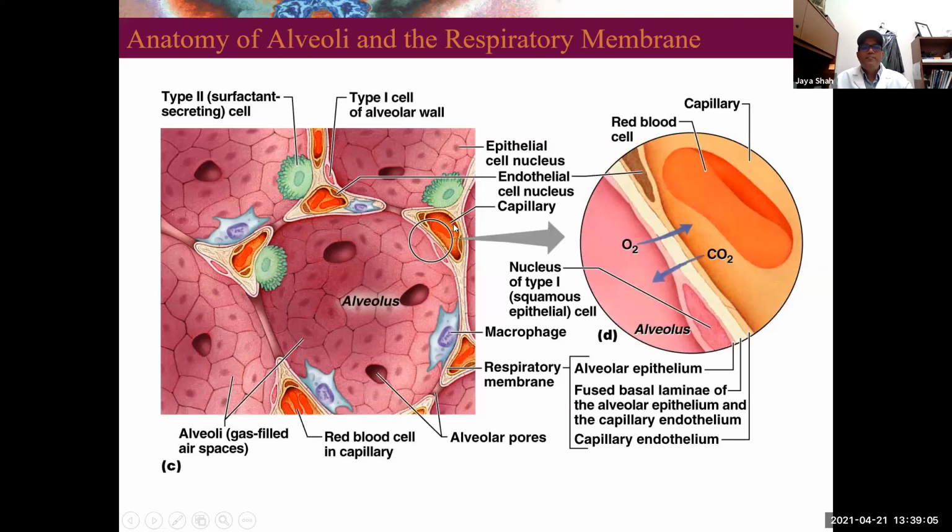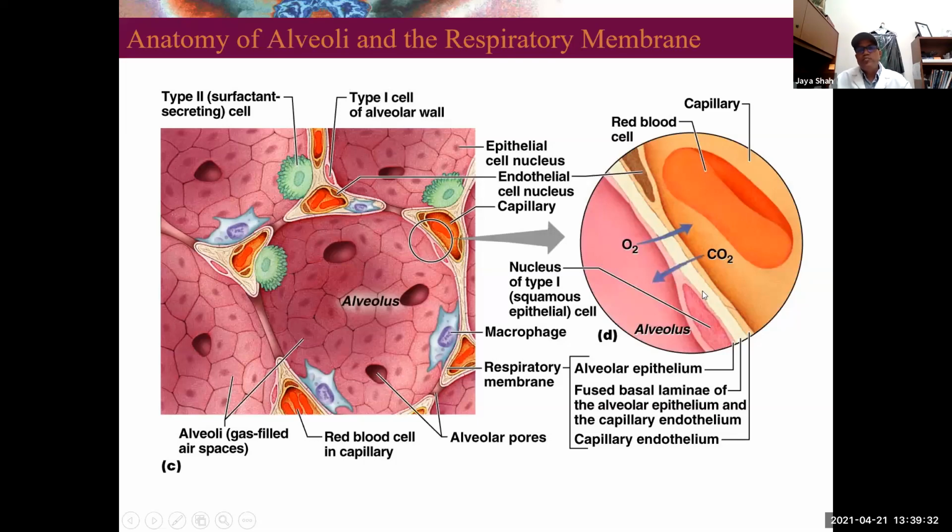This is the capillary, and these 3 structures are called the respiratory membrane. If you magnify this area, the respiratory membrane is formed by this pinkish purple alveolar epithelium of the alveolar type 1 cell.